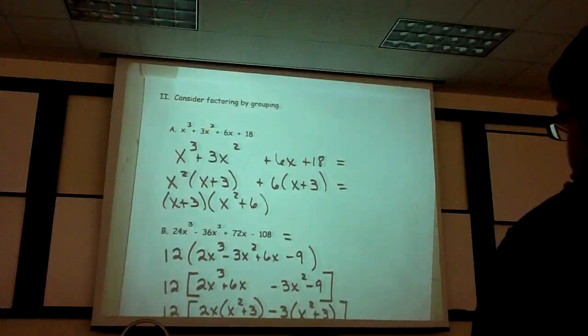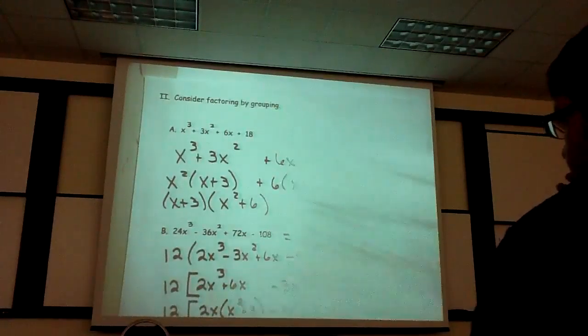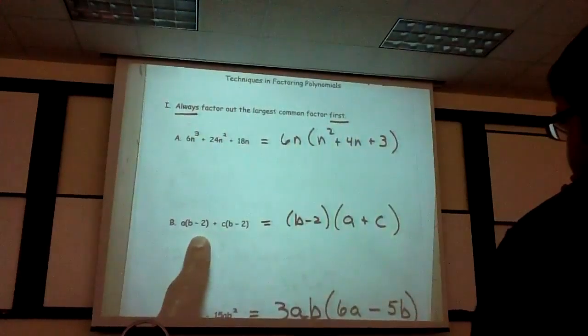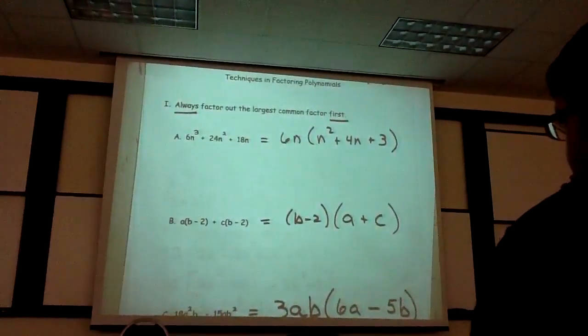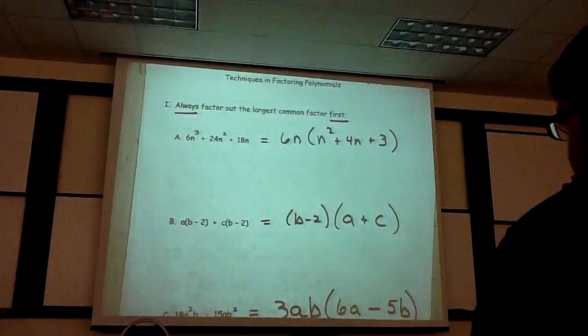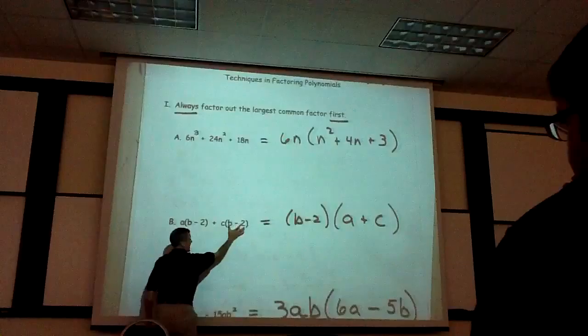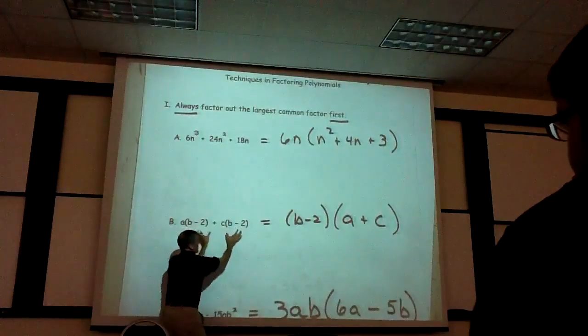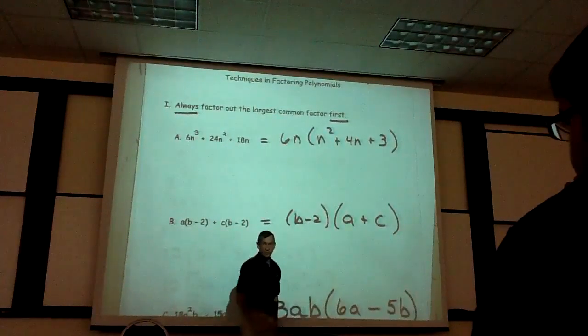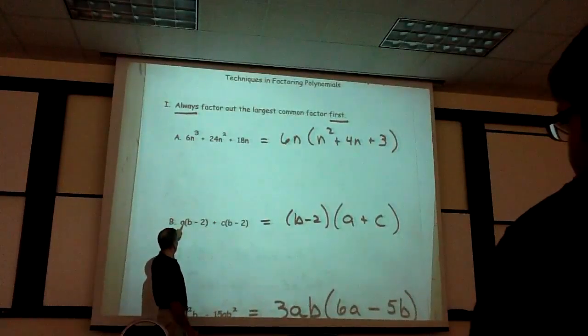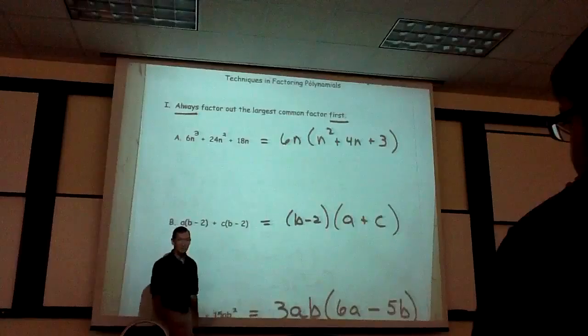But here's where I go back to this example from standard number 1, from technique number 1. If I have a polynomial that has a common binomial factor, I can take that binomial factor out and just multiply it by what's left. In this case, a plus c.